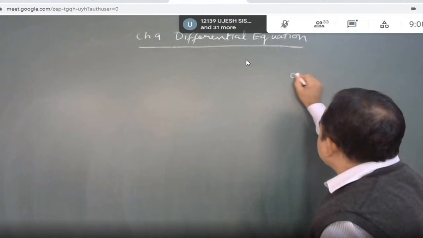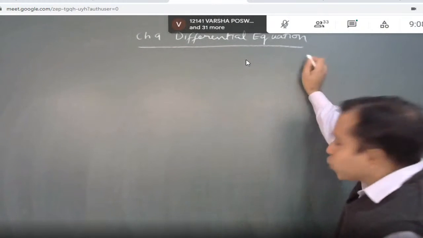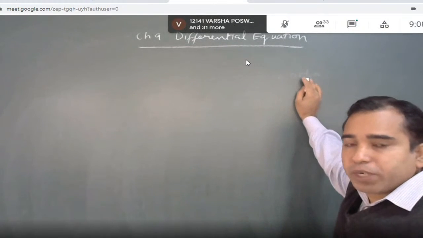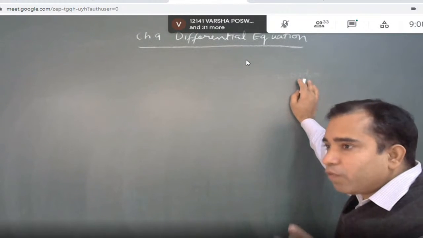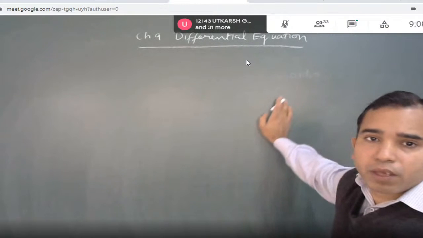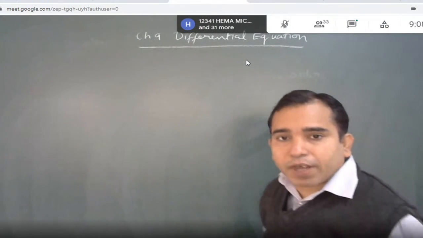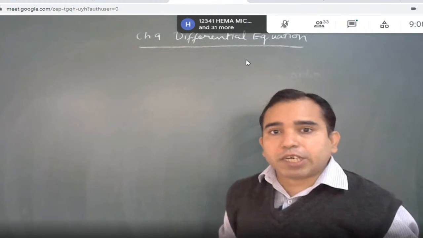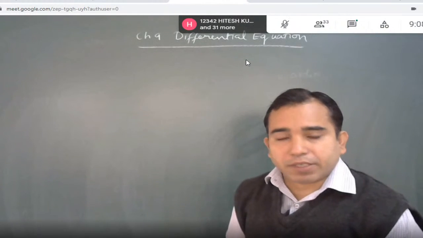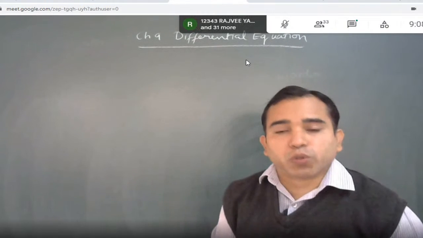This first exercise was based on the concept of, first of all, let us have a quick revision of 2 minutes. First of all we discussed what is a differential equation. A differential equation is an equation, meaning a combination of variables x, y, constants and operators like plus, minus, etc. A differential equation contains derivatives also.